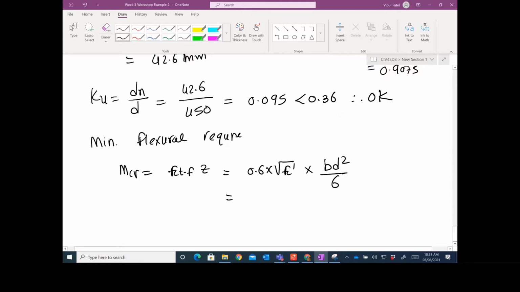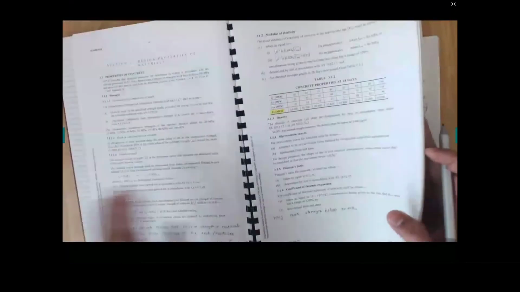Where is this FCT.F coming from? Probably section 3.